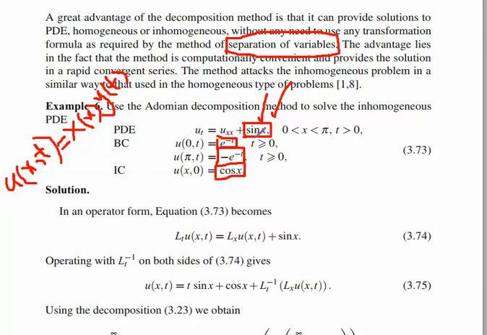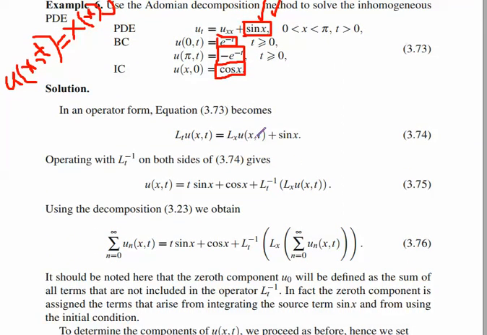Again, the same scenario: the equation can be written in operator form, L of t of u of x,t is equal to L of x of u of x,t plus sine x, where this is a general function f of x, and it could be anything. It can be cos x, it can be tan x. So here it is sine x.